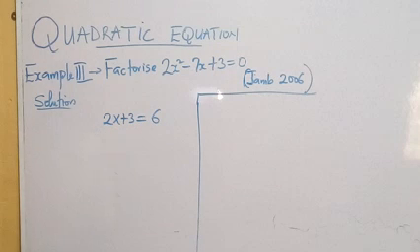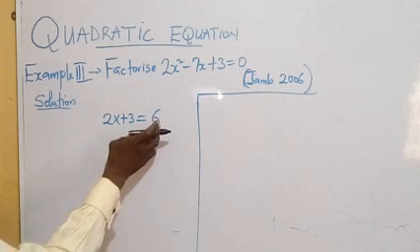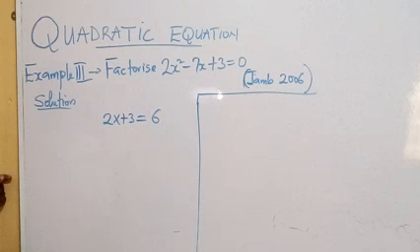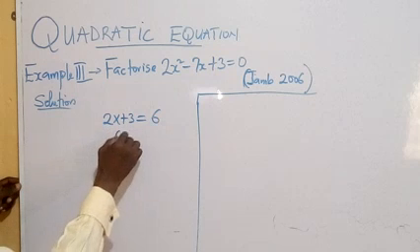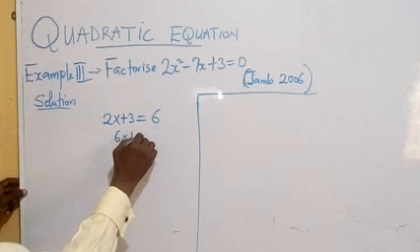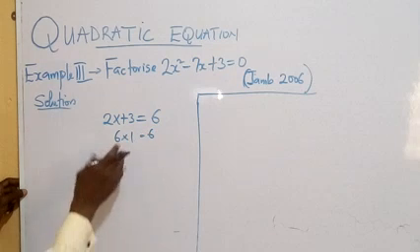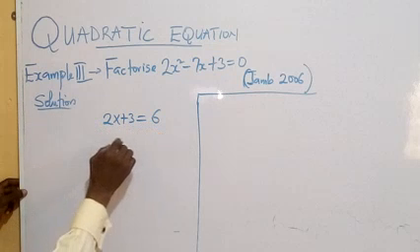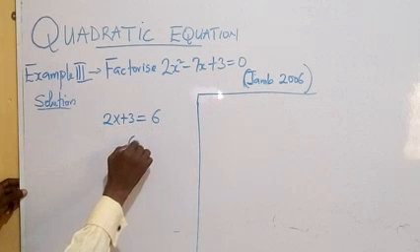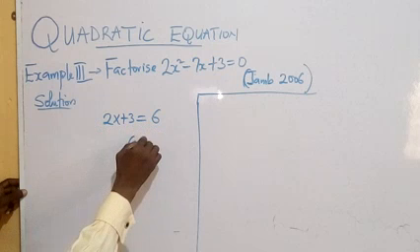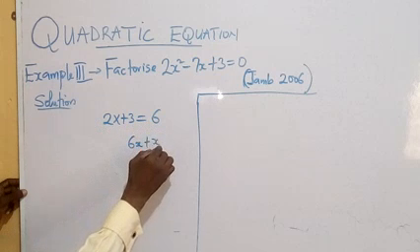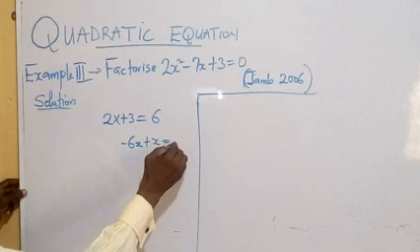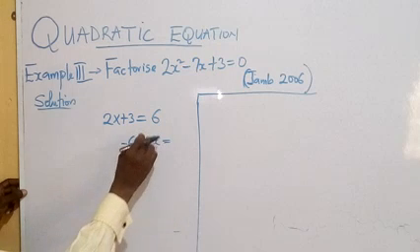What are the factors of this 6? You have 2 times 3 to give us 6. Likewise, we have 6 times 1, which will also give us 6. Therefore, we can say minus 6x plus minus x equals minus 7x.